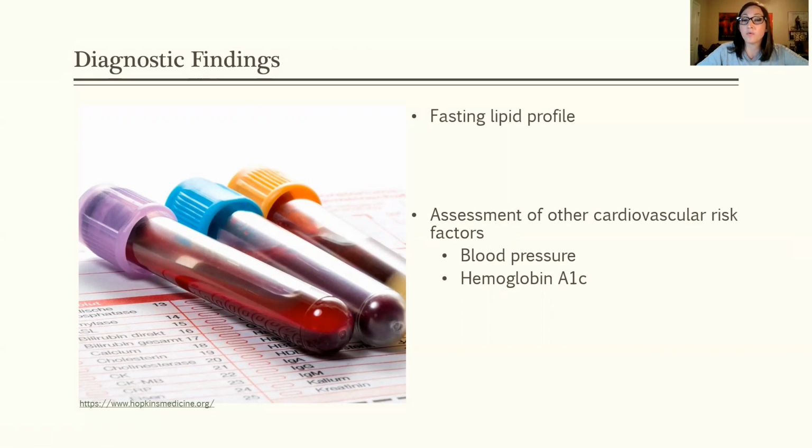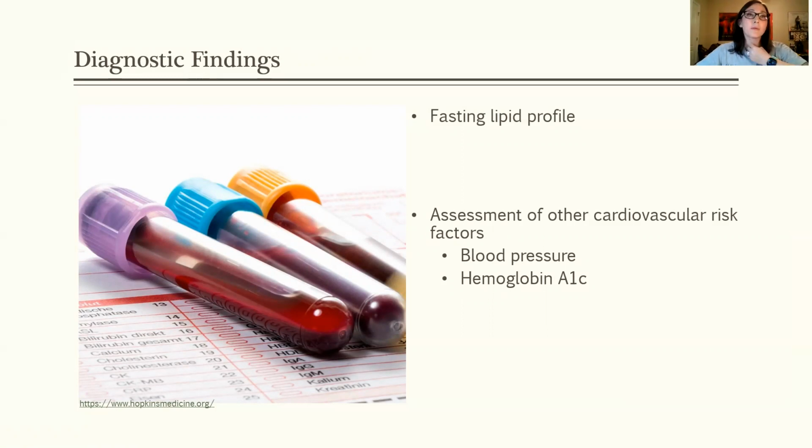You also want to assess for risk factors for hyperlipidemia, such as blood pressure and a person's A1C. So you want to look at things not specific to the actual disease process of hyperlipidemia because of those major risk factors.